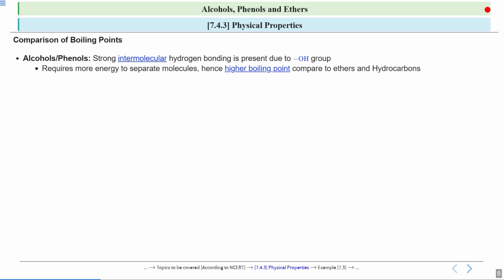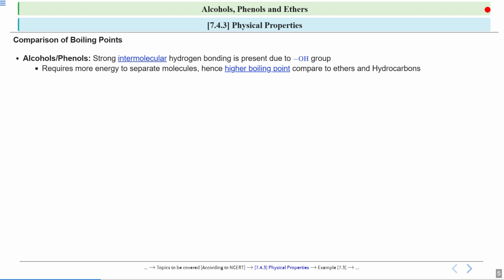So if the bonding is strong, that means you require more energy to separate the molecules. Imagine a situation where a group of students are standing and they are tightly holding their hands. If they are tightly holding their hands, it would be difficult for you to separate them, or you have to apply more energy to separate them.